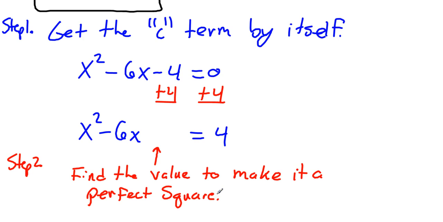And that part's going to be the exact same thing we did before. You're going to take this negative 6 and divide it by 2, which is negative 3. And then you're going to take the negative 3 and square it to make it 9. Okay, and I've run out of room, so I'm going to just get everybody copied up on that part, and I'll jump down to the next page.